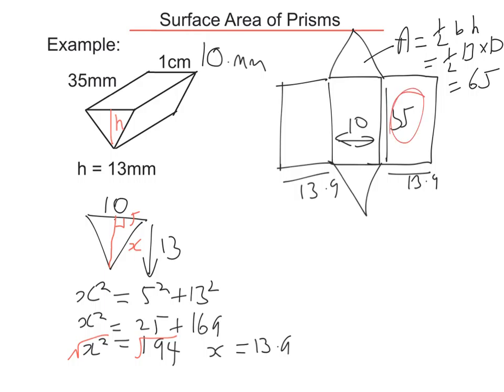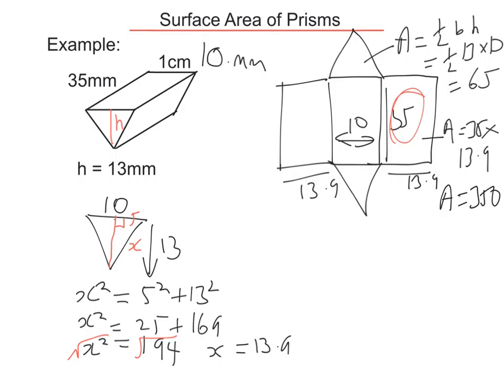This side here is going to be 35 multiplied by 13.9, and this other side over here will be the same because it's got the same width and length. And the middle rectangle, length by width, will be 10 by 35, 350.